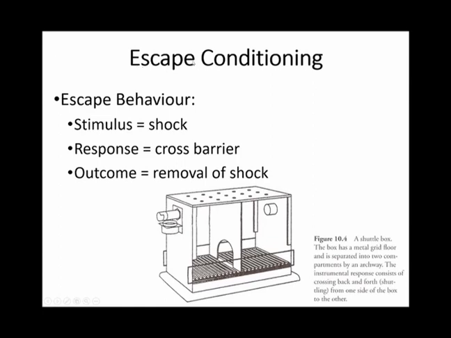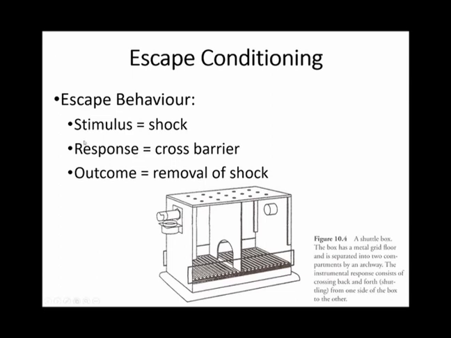And so for our escape conditioning, our stimulus is going to be a shock. And what's happening is that one side of the cage, the floor will be electrified, and so it is uncomfortable to stand on the floor in that side of the cage.